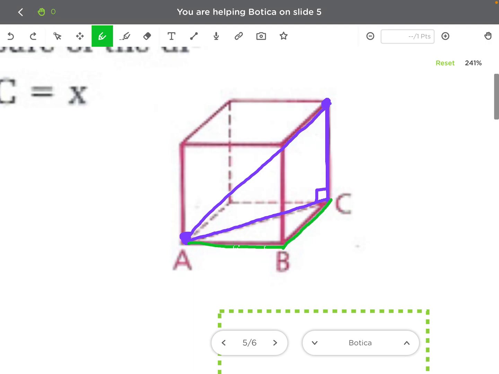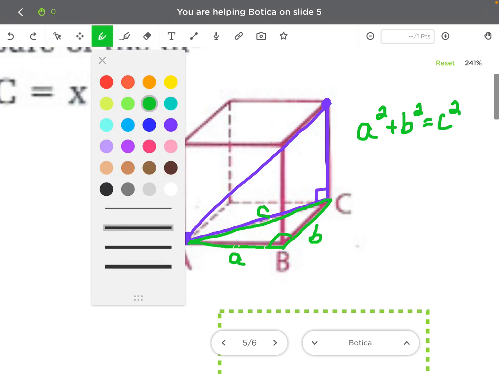Okay, so normally if you look at what I'm tracing, again, this green represents a right triangle, okay? So hear me out. Let's call this side A, we'll call this side B, and we'll call this side C. Now, I'm assuming you guys are in agreement with me that A squared plus B squared is equal to C squared. Okay?